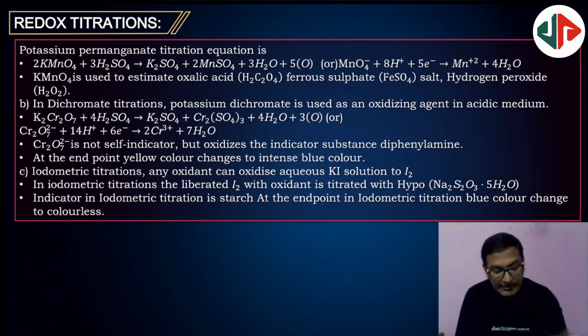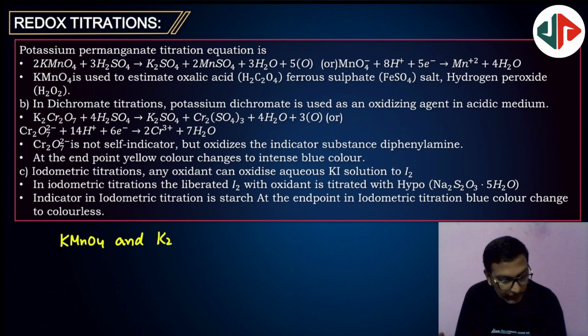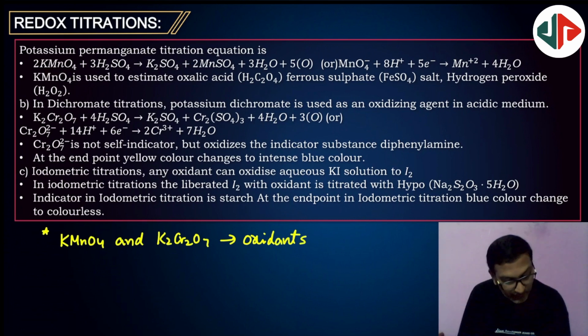Next, redox titrations. So here two substances will be there, reducing agent and oxidizing agent. So check here, KMnO4 is always an oxidizing agent. KMnO4 and K2Cr2O7 are oxidizing agents always. Here Mn oxidation state +7, Cr oxidation state +6.